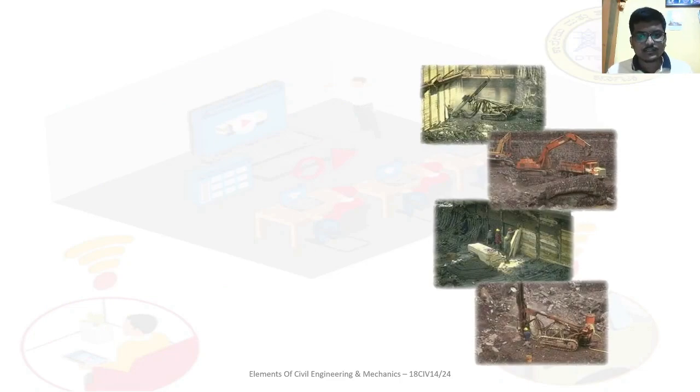Next, you can see in the figure, in the first figure they are excavating the earth. Excavating means to remove the earth material, earth meaning soil. Here you can see they are building a wall against the soil so that they can retain the soil. That type of wall is called a retaining wall.